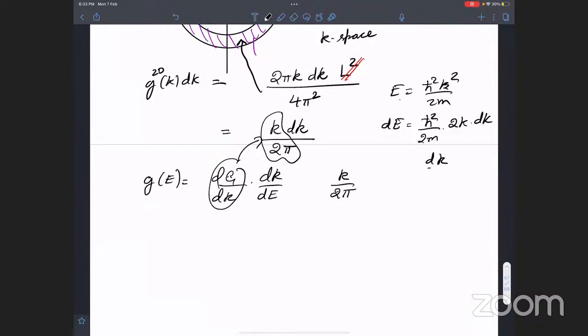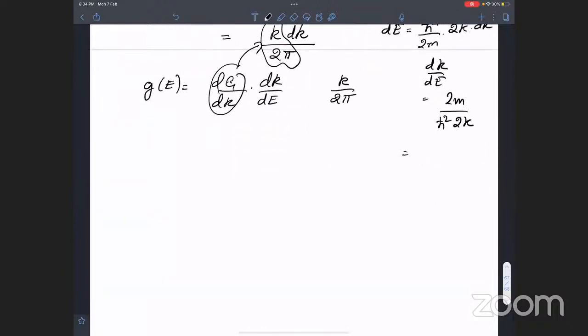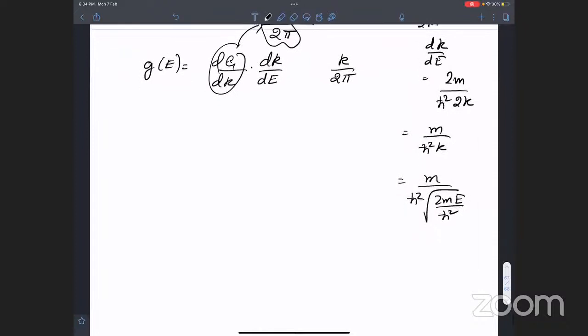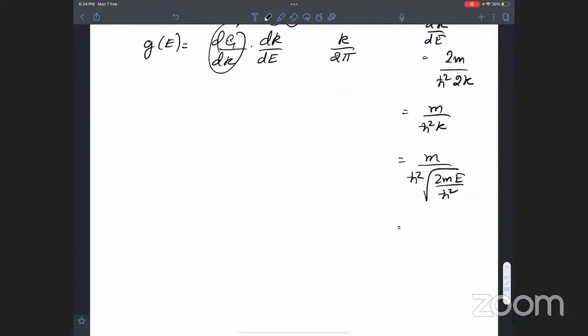So dk by dE is 2m by ħ squared, 2k, which is m by ħ squared k, and k is nothing but root of 2mE by ħ squared.